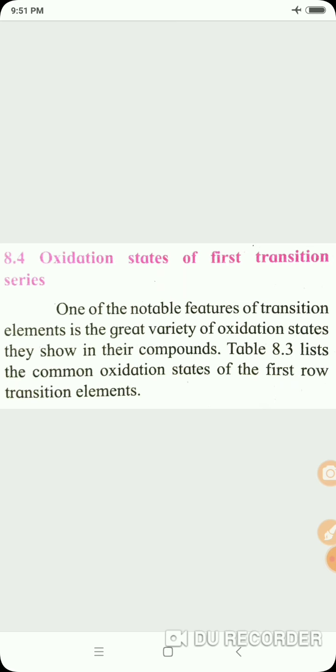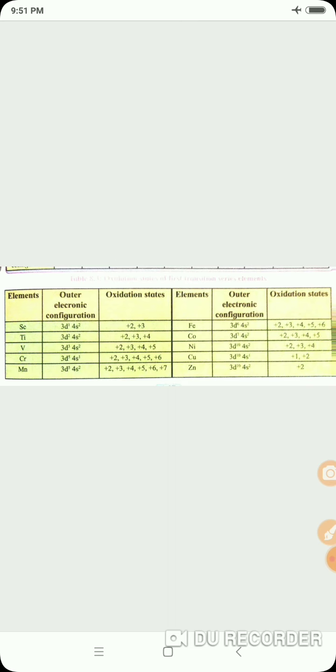Now this is table number 8.3, indicating the oxidation states of the first transition series elements. The elements of the first transition series are scandium, titanium, vanadium, chromium, manganese, iron, cobalt, nickel, copper, and finally zinc. So the 3d series elements start from scandium and end at zinc.